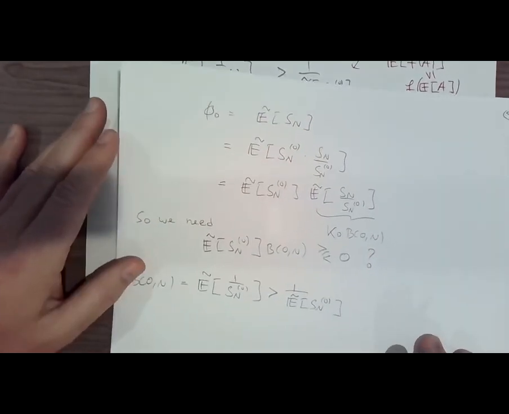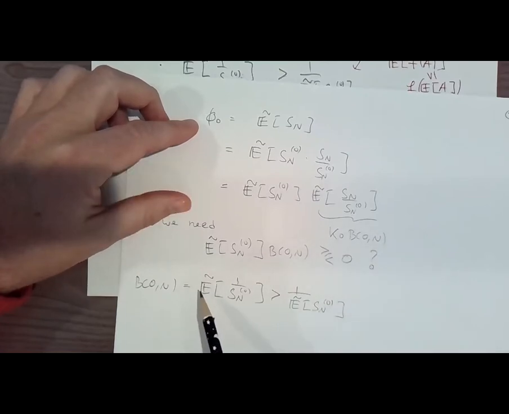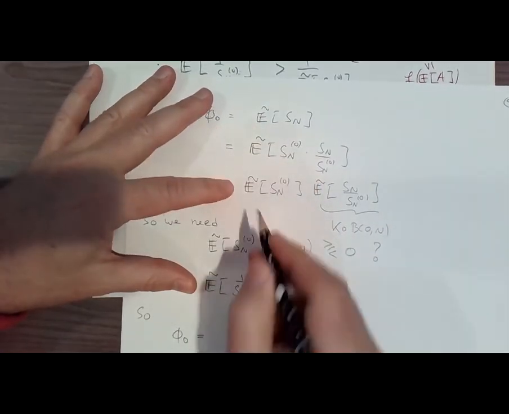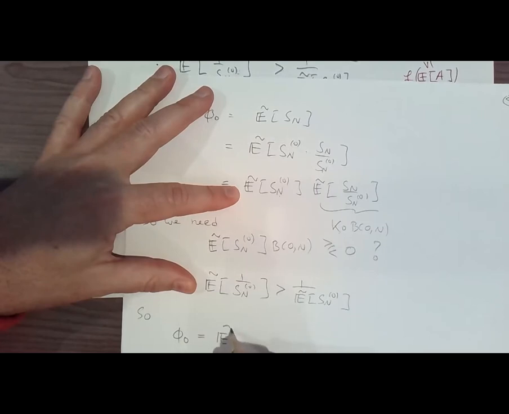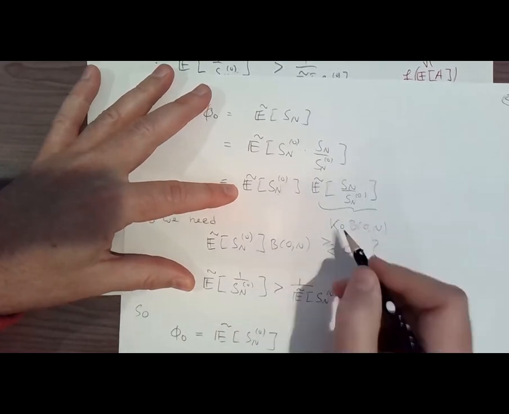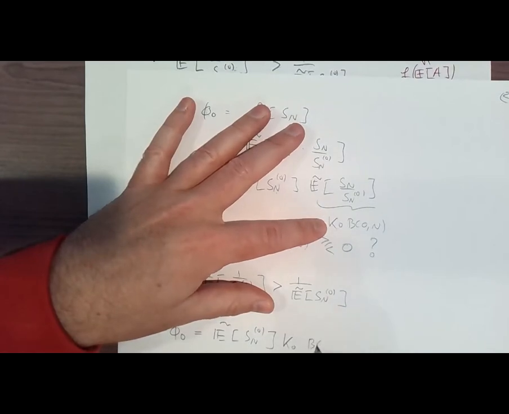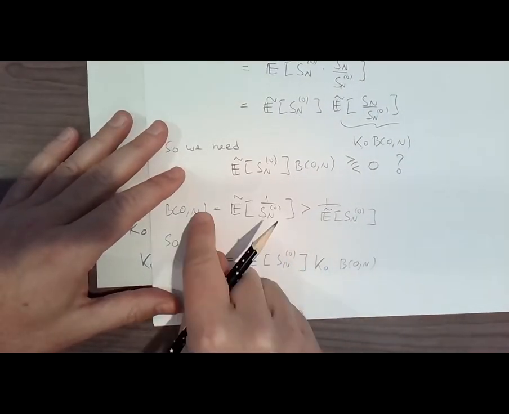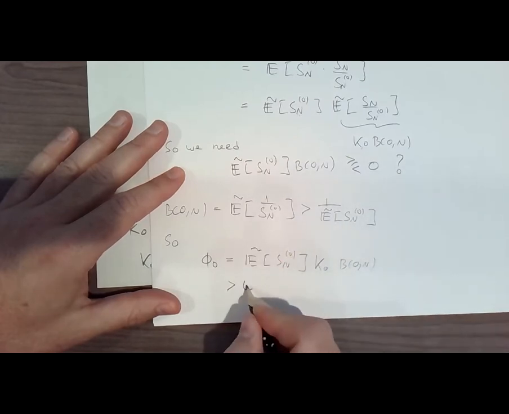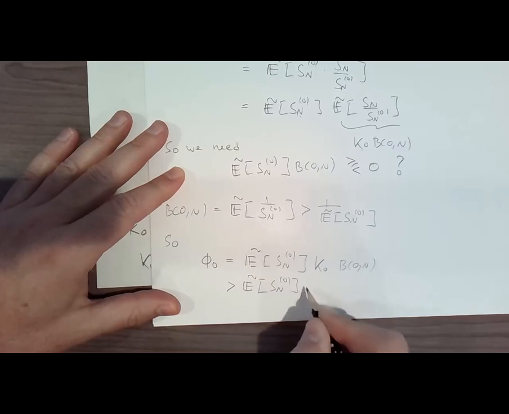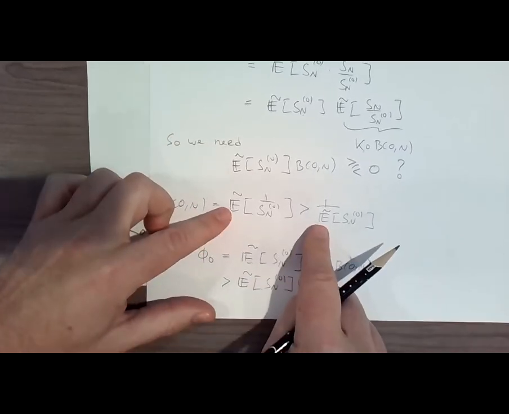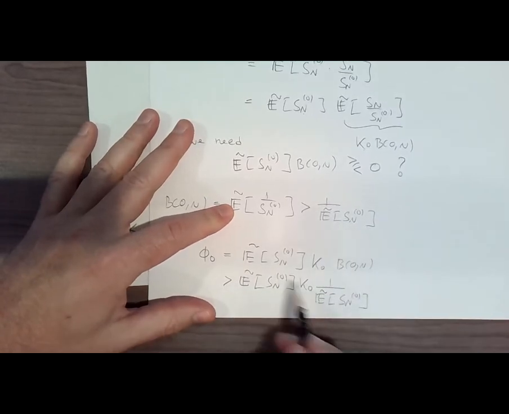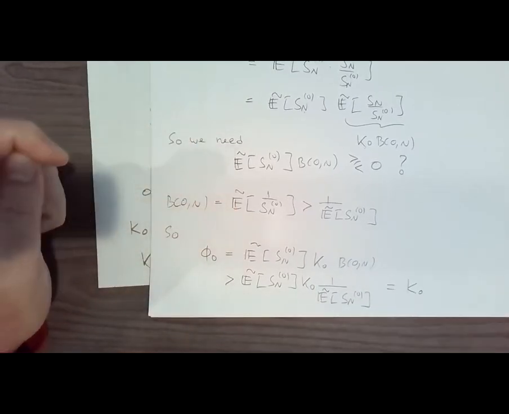And so now we get it, because if I have phi0 equal to that expectation times K0 times B0n, and if I replace the zero coupon bond by the inequality I'm going to come up here, you see the two cancel out, and I'll just get K0.